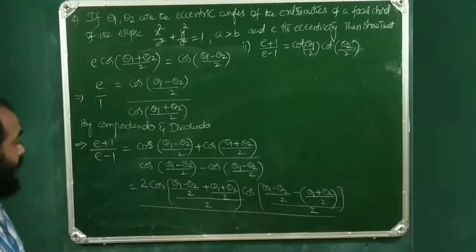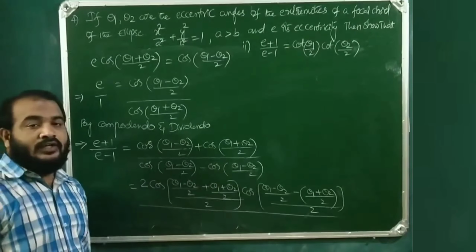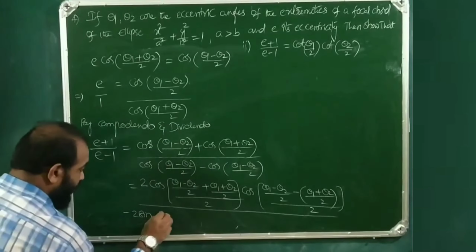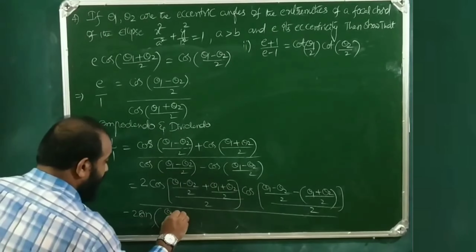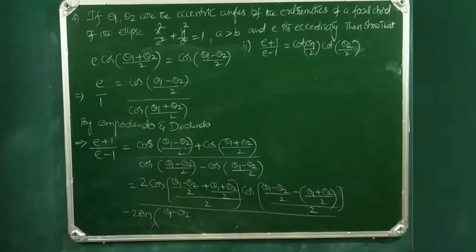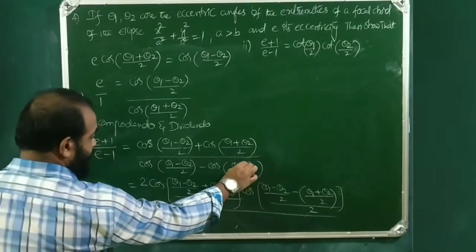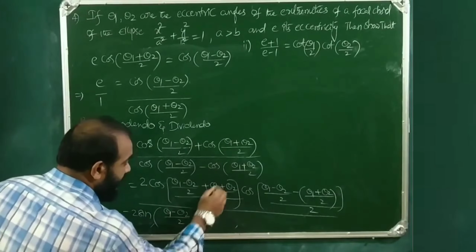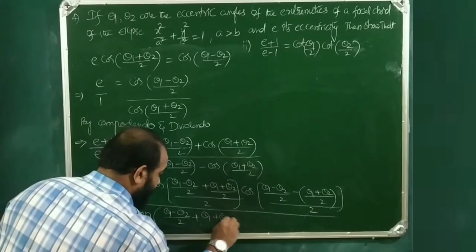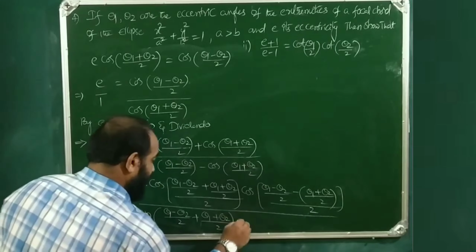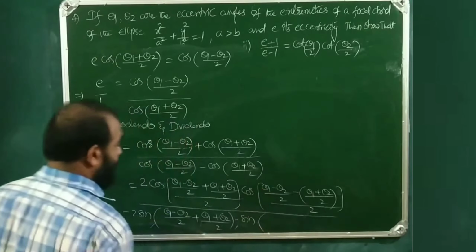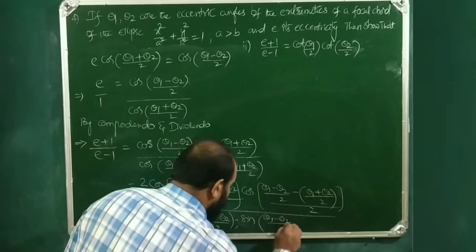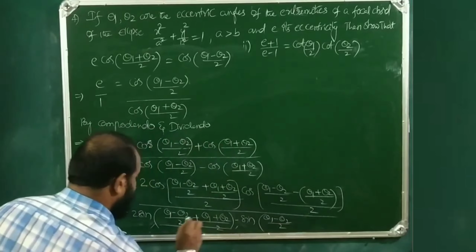This is divided by cos C minus cos D, which is minus 2 sin (C plus D)/2 sin (C minus D)/2. So theta 1 minus theta 2, this is plus, so (theta 1 minus theta 2)/2 plus (theta 1 plus theta 2)/2 into sine, this is (theta 1 minus theta 2)/2, and by 2 is there.